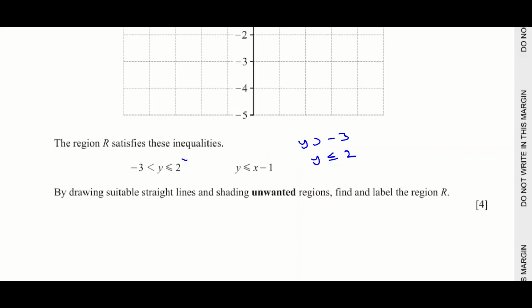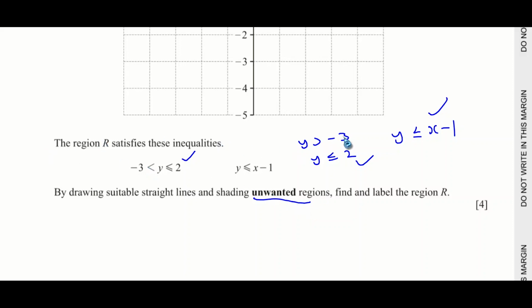So these are the two inequalities combined here. Then for this one, we have y less than or equal to x minus 1. So this will be a thick line, this will be a thick line, while this will be a broken line. By drawing suitable straight lines and shading unwanted regions, find and label the region R.